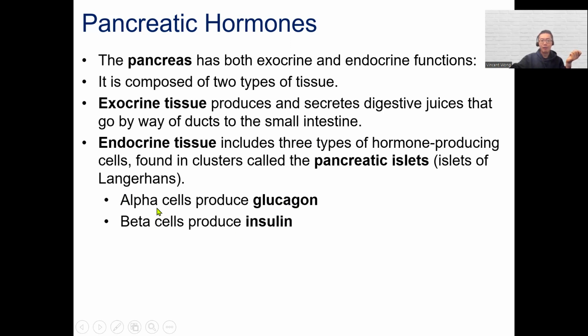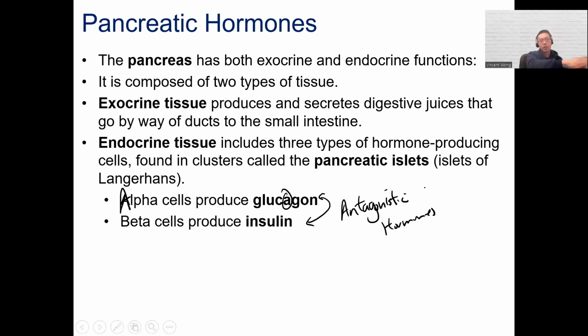Okay, so we have some alpha cells that are going to be producing glucagon, right? There's an A in alpha cells, and an A in glucagon. That's how I remember it. And the beta cells, they are going to be producing the insulin. Okay, so again, these are antagonistic. All right, so we learned 3 pairs of antagonistic hormones, right?